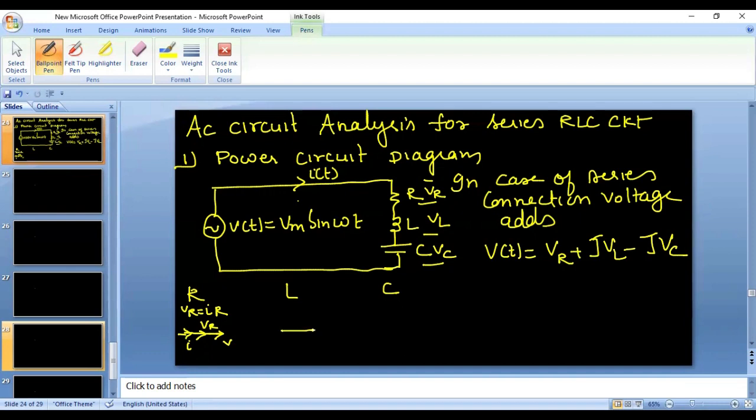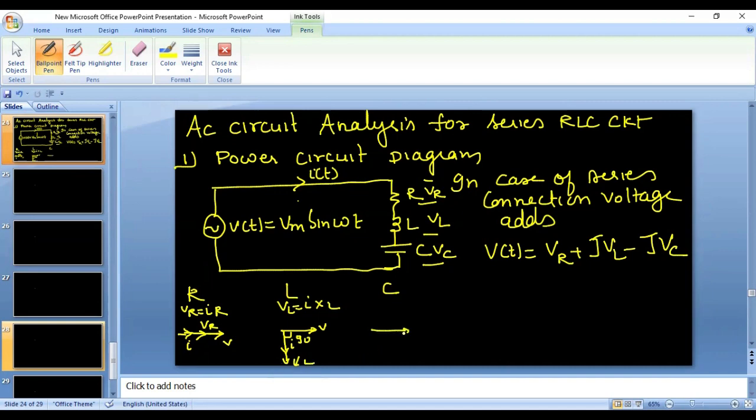Similarly, for inductance, we have seen the current lags the voltage by 90 degrees. The voltage across the inductor will be I into XL, so VL will be 90 degrees ahead of the current.